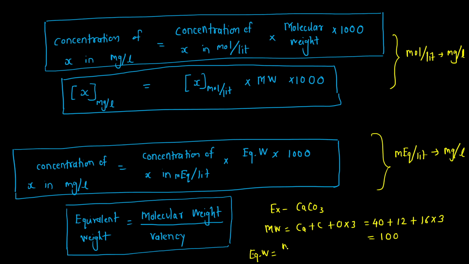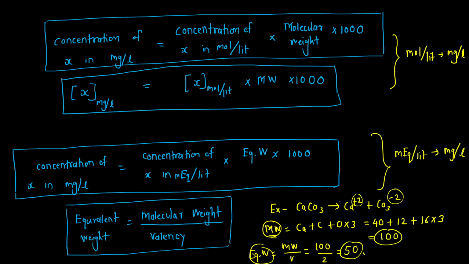Equivalent weight is equal to molecular weight divided by valency. Molecular weight is 100. What is the valency of calcium carbonate? For this you have to dissociate it: Ca plus 2 and CO3 minus 2. So this 2 is called the valency. So this is 2. Molecular weight of calcium carbonate is 100 and equivalent weight of calcium carbonate is 50.